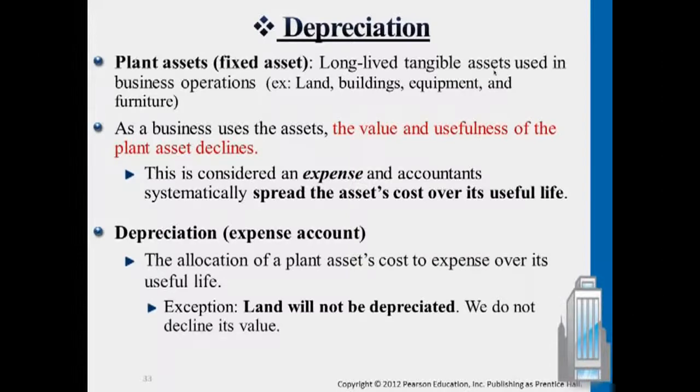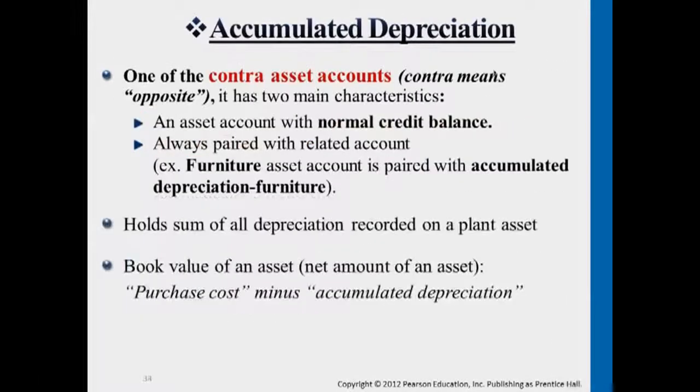Okay, so one of the accounts that we'll be using for long-term assets will be the depreciation account. This depreciation itself is an expense account. Okay, so for an expense account, whenever we record that, assuming $100, it will be captured under the debit side. So we're trying to allocate the plant asset's cost to an expense account.